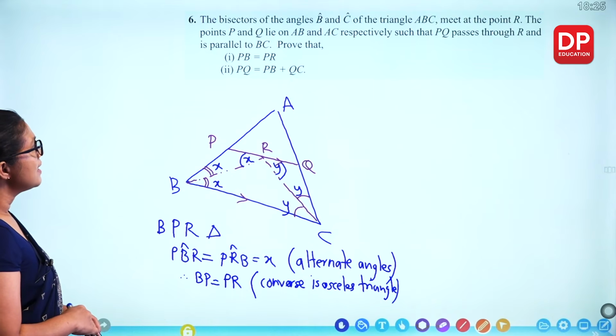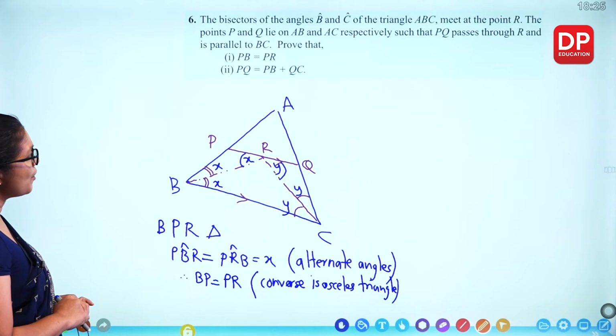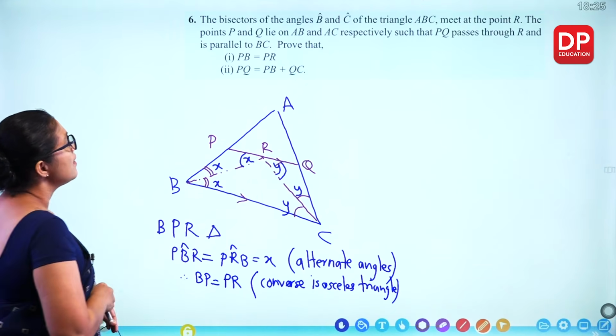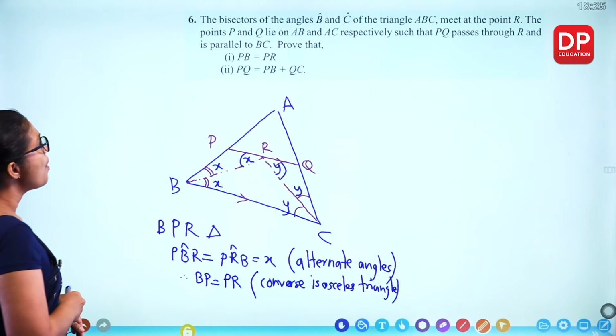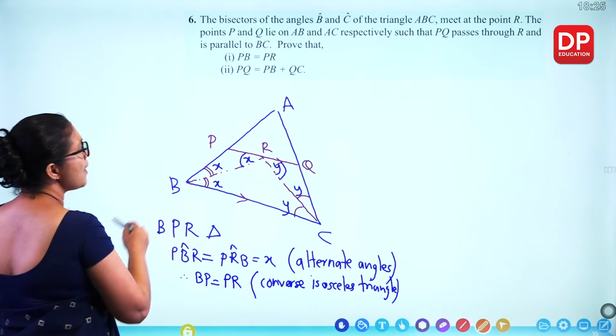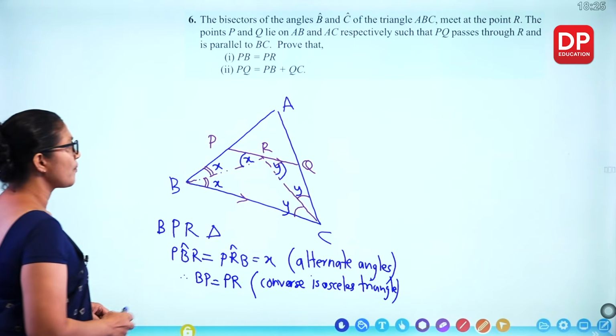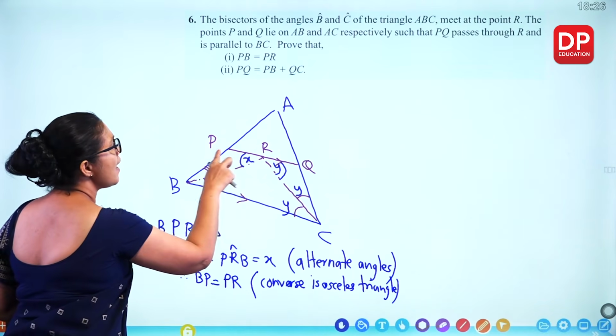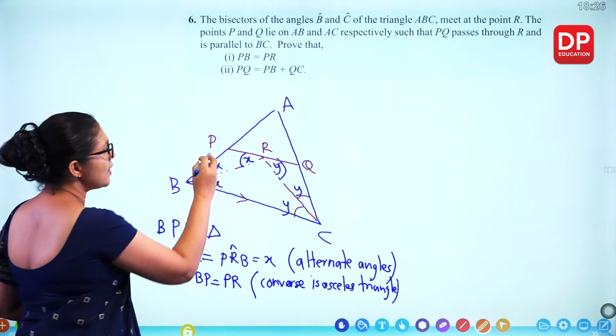Now it says, prove that PQ is equal to BP plus QC. So, what is PQ? This distance is equal to BP, this one plus QC. So here what we can do, we can write down what is PQ.